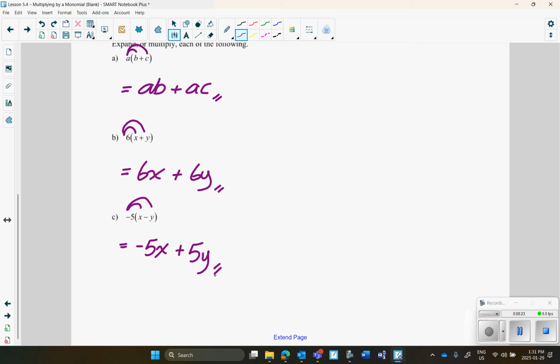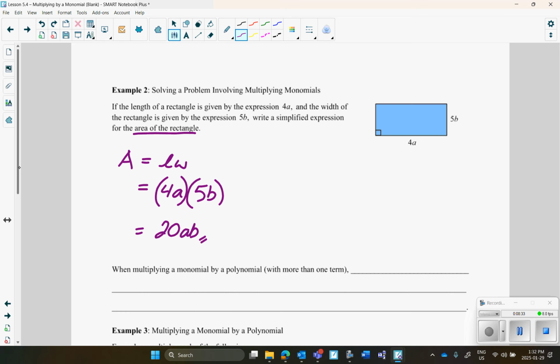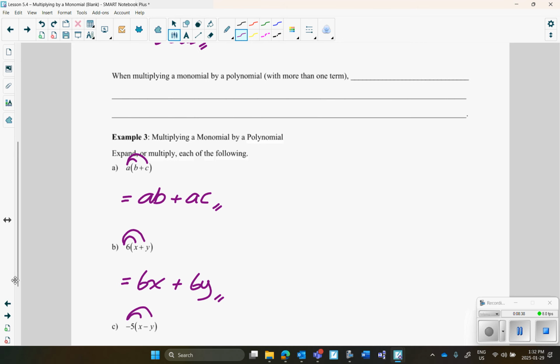You can see I don't pay much attention to the rules because you guys can usually figure them out pretty quick.